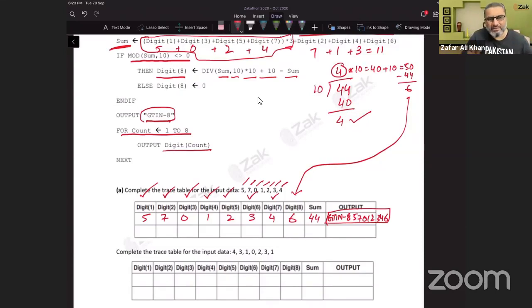GTIN is nothing. This is basically a check digit. What is a check digit? This is basically a digit which is either added before a number or after the number. When we enter the number to the computer, the computer takes that digit out, and the rest of the numbers are used for the whole mathematical operation, which is not fixed.